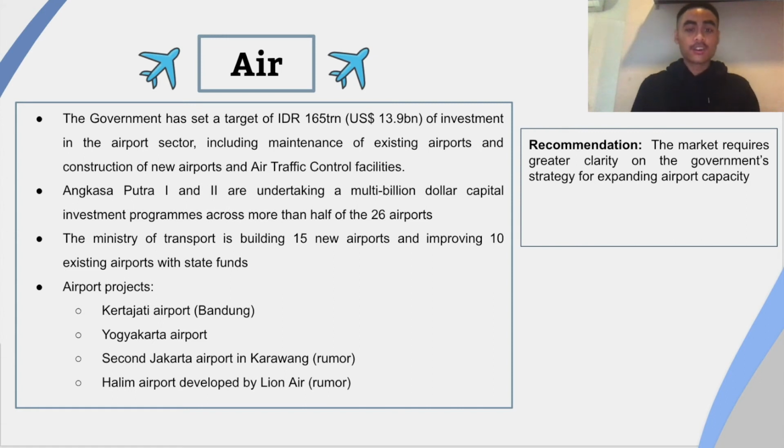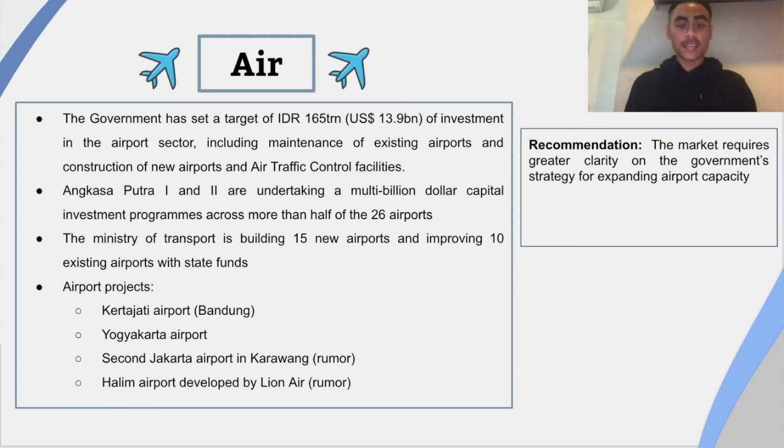Here are the upcoming airport projects created by the government, with Soekarno-Hatta already being built. The first one is the Kertajati Airport in Bandung. The second is Yogyakarta Airport, with Yogyakarta being the most visited destination by tourists before Bali.